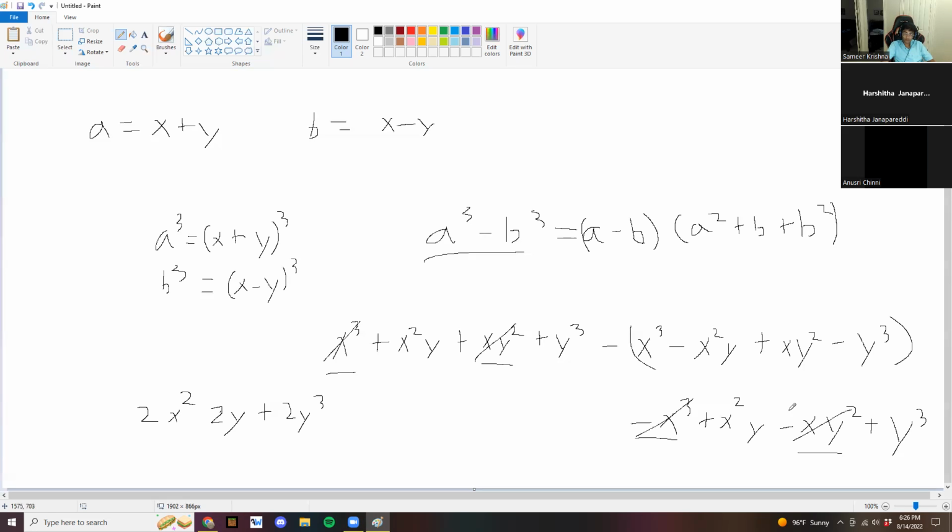So this is equal to... So a minus b is x plus y minus x minus y, which is just 2y.